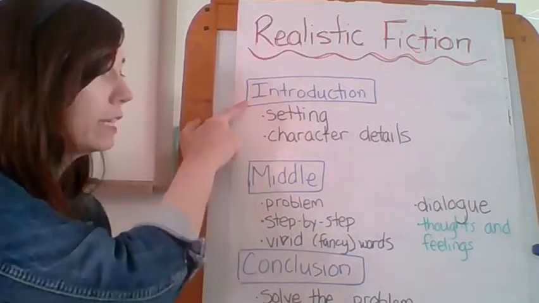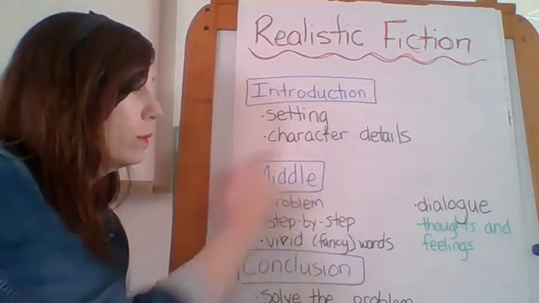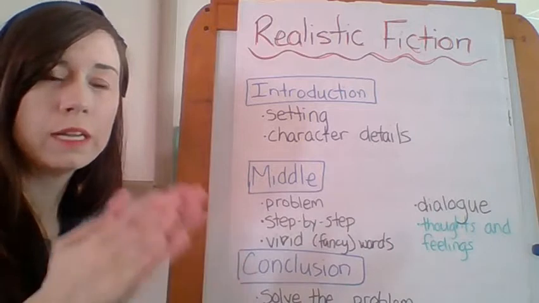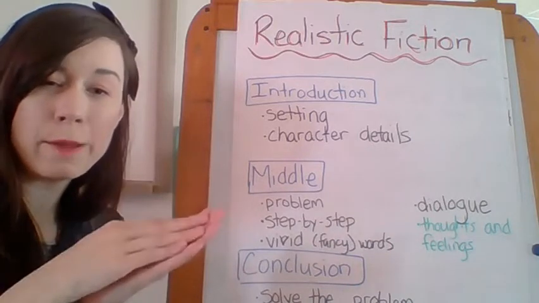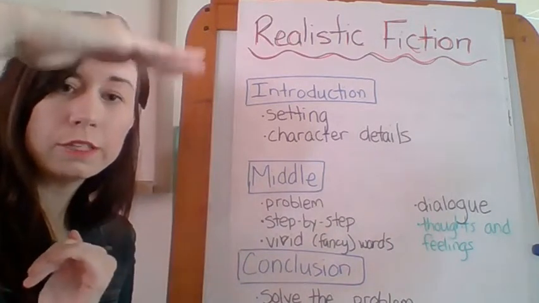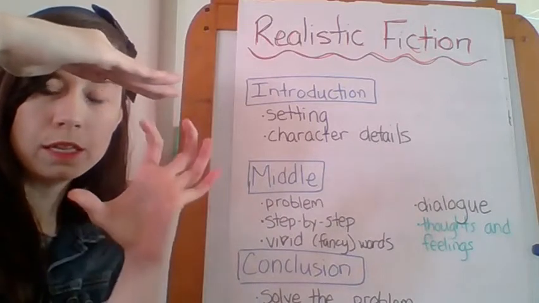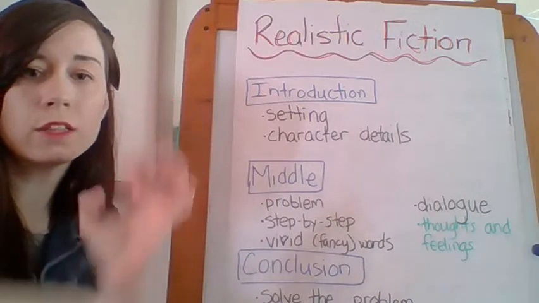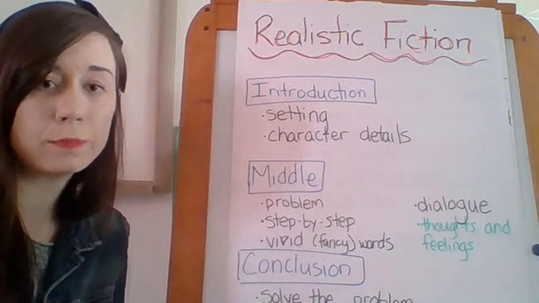When you're done with the introduction, we have started talking about the middle part of the story. Now, if this were a hamburger, the introduction would be the bun, the middle would be the big juicy burger, and the conclusion would be the second bun.